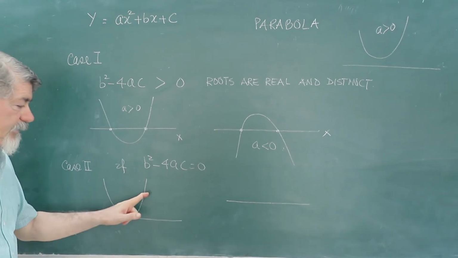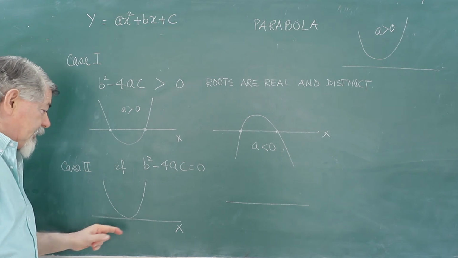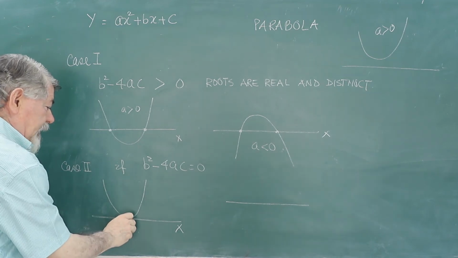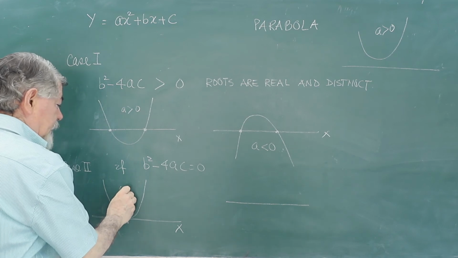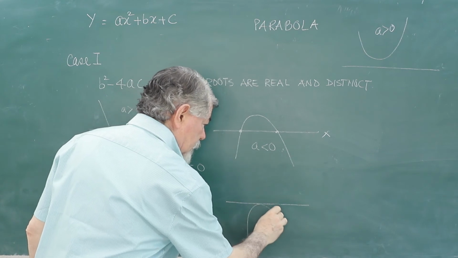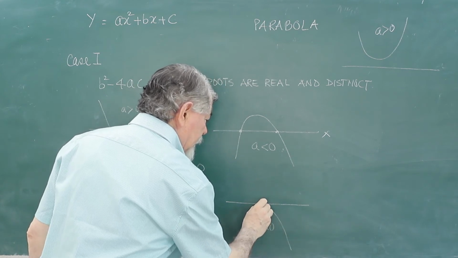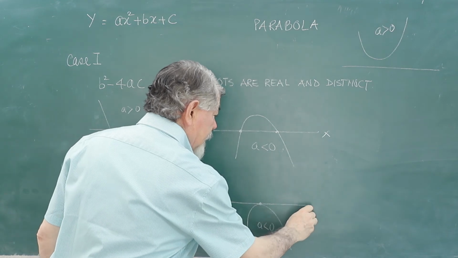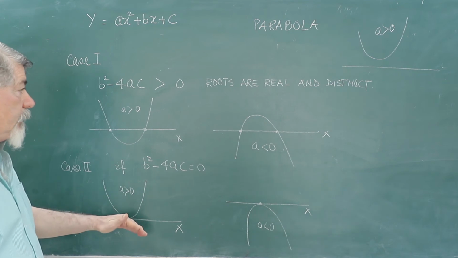It will be touching the x-axis, not cutting it. If it is touching the x-axis, that means you will only get one value of x. This is when A is greater than 0. And if it is going downwards, A is less than 0, then also it is touching the x-axis at one point, so you get one root only.